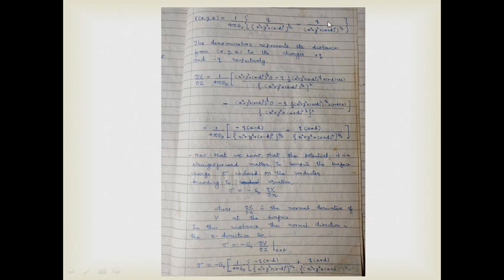The same kind of thing is done for the second term. Here also the denominator is placed as it is, and the numerator's differentiation is going to be 0. The numerator is placed as it is, and the differentiation of x square plus y square plus z plus d whole square raised to minus 1 half gives minus 1 half, because 1 half minus 1 is minus 1 half.